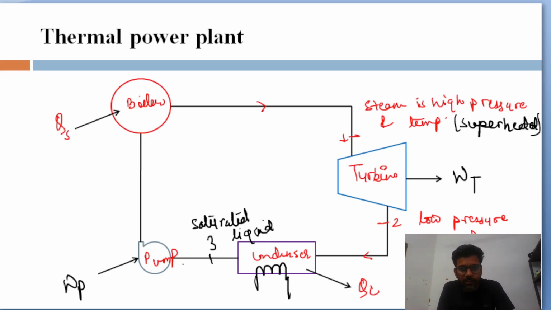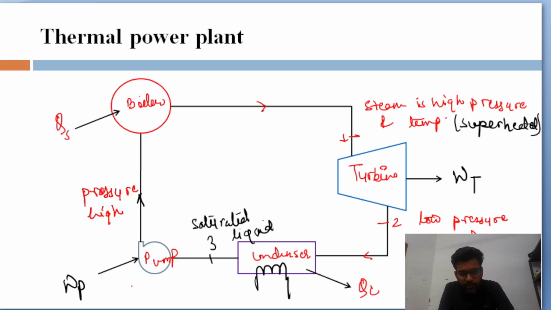After the condenser it goes to the pump, and in the pump the pressure rises and the pump sends the water to the boiler. Here the pressure is high and the temperature is almost constant because water is an incompressible fluid.